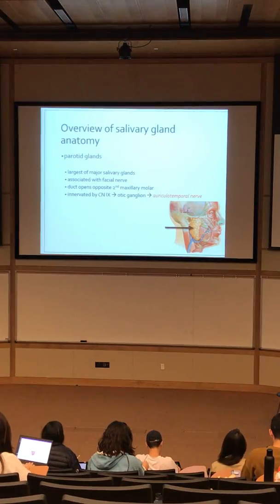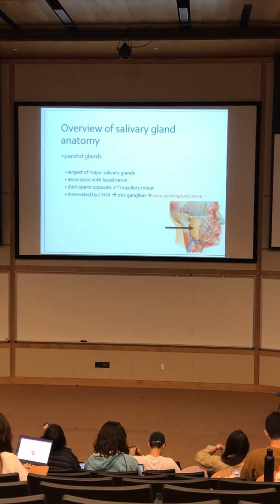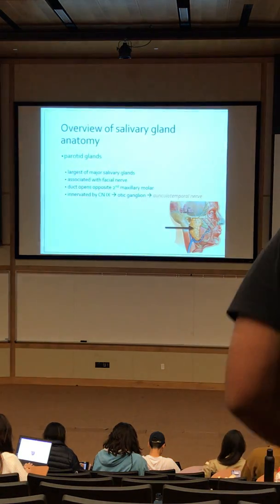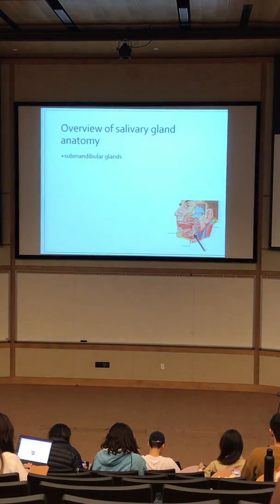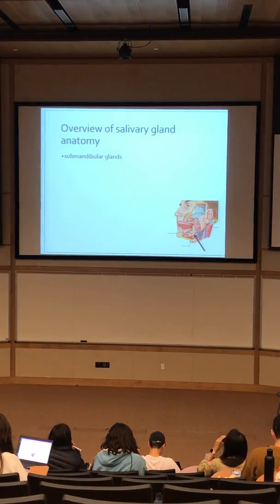You don't need to know this now. We'll go into detail next quarter. And then coming from the otic ganglion, there's a nerve called the auriculotemporal nerve that brings postganglionics to the parotid gland to stimulate secretion.